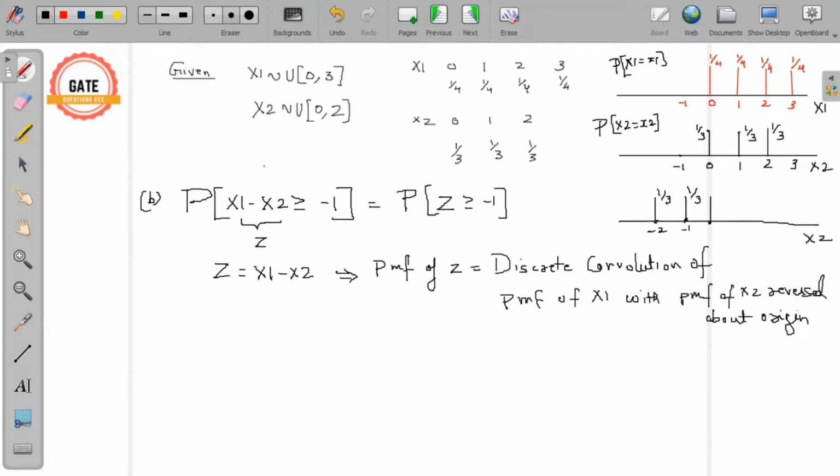This 0 when reversed will become 0 again, and the probability is 1 by 3. And the probability here is 0. So -1 when negated will become +1, and the probability will remain 0. So this is the probability of -x2, the reversed probability. So now we will convolve this p.m.f with this p.m.f. That we can do with the tabular method.